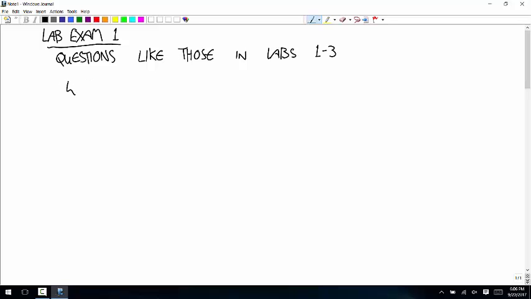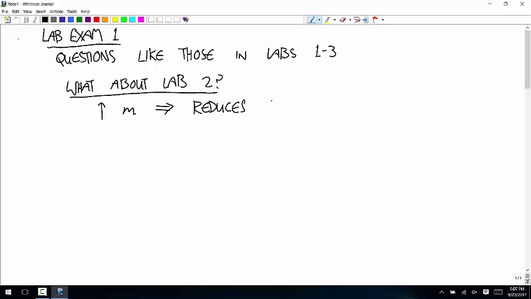So what about lab 2? There's not going to be much about lab 2, but here are the kinds of things that I want you to be clear on. I want you to know that keeping everything else constant and increasing the mass reduces the effective air resistance.